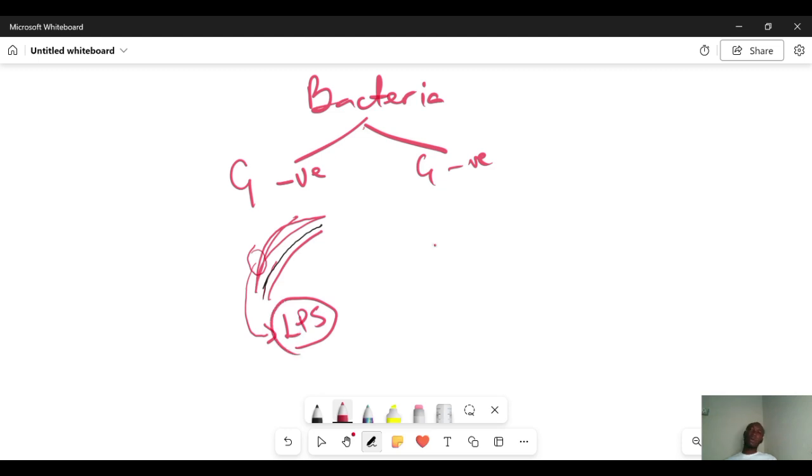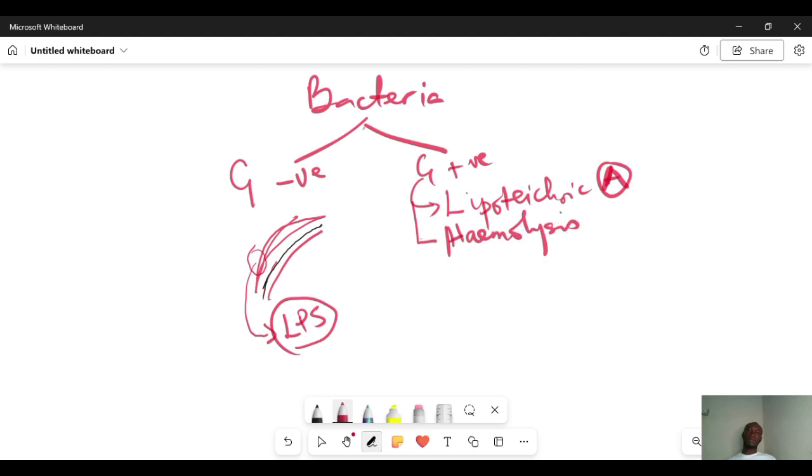Now, for gram-negative organisms, and for gram-positive organisms, they have something similar to this. They have their own immune triggers. They have the lipoteichoic acid, hemolysin, and superantigens. Okay, superantigens.